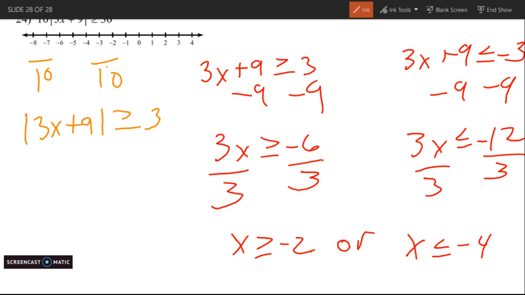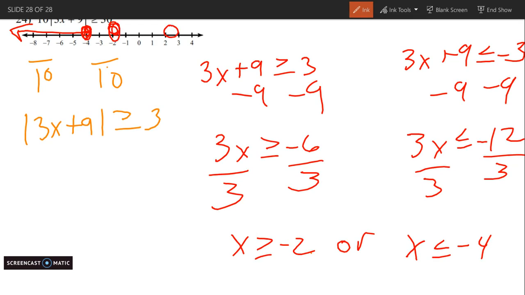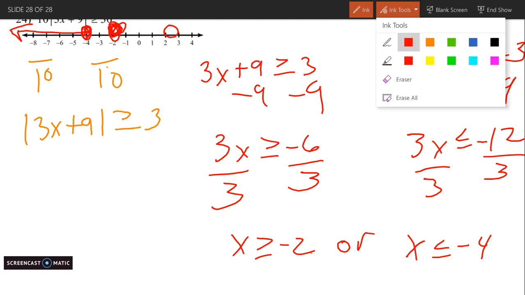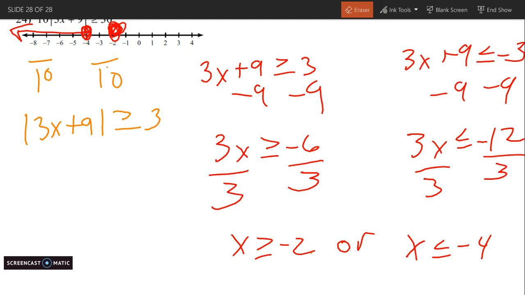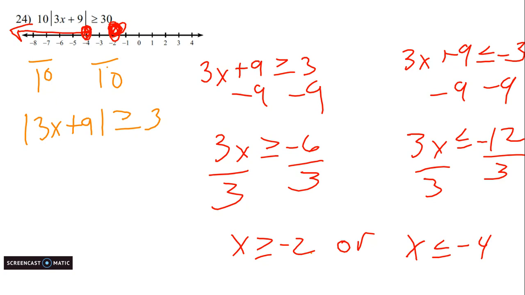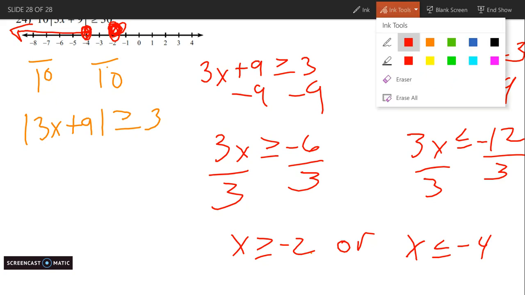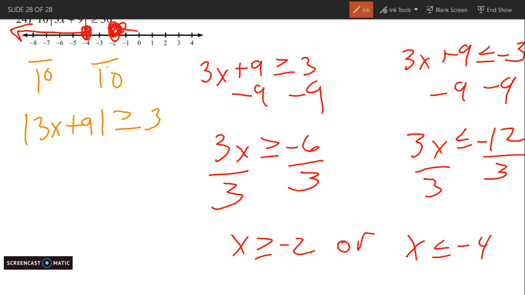So we either need to be less than or equal to -4 or bigger or equal to -2. And there you have it. The inequality didn't change here when we divided by 3 because we didn't divide by a negative. There were negative numbers there, but we didn't divide by a negative.